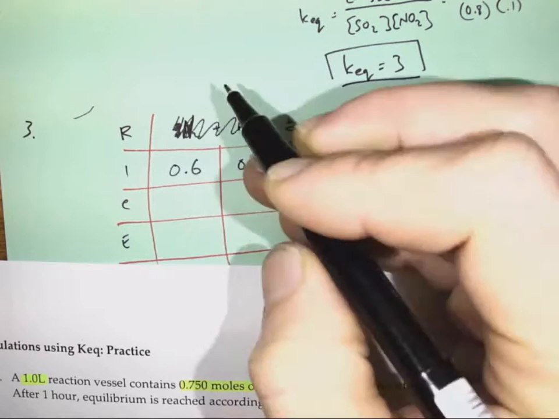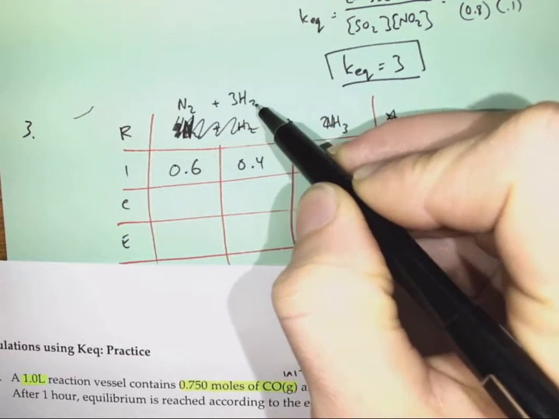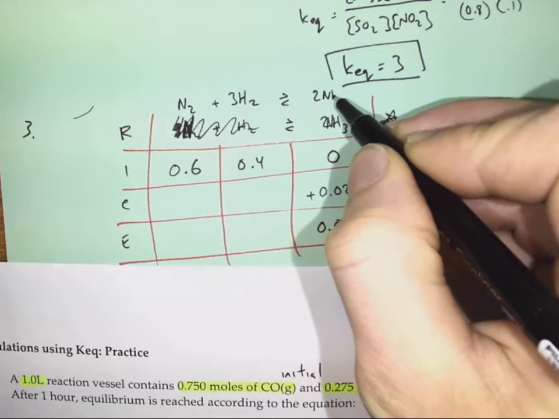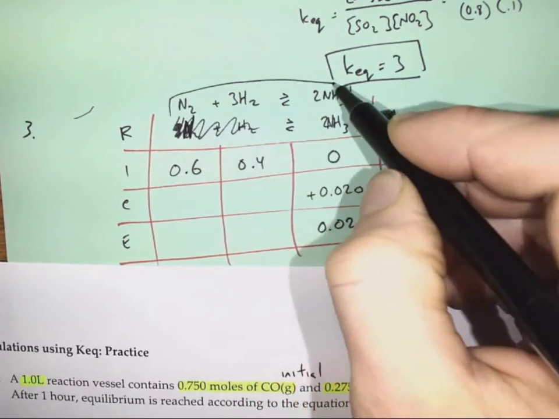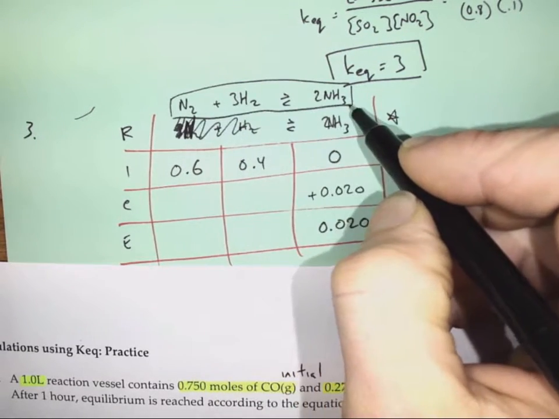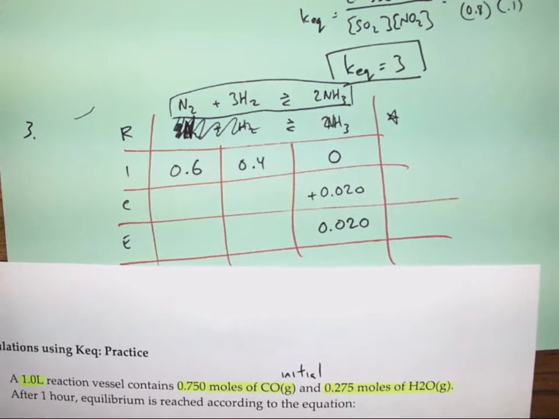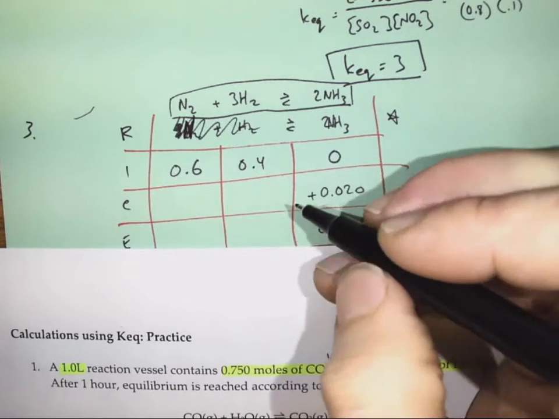I'm going to cross it out. Nitrogen plus 3 hydrogen. And that's related to 2 ammonias. And now that's a nice balanced reaction. Alright, I'll have to remember to edit that. I'll try and point that out in class tomorrow and also on Google Classroom.